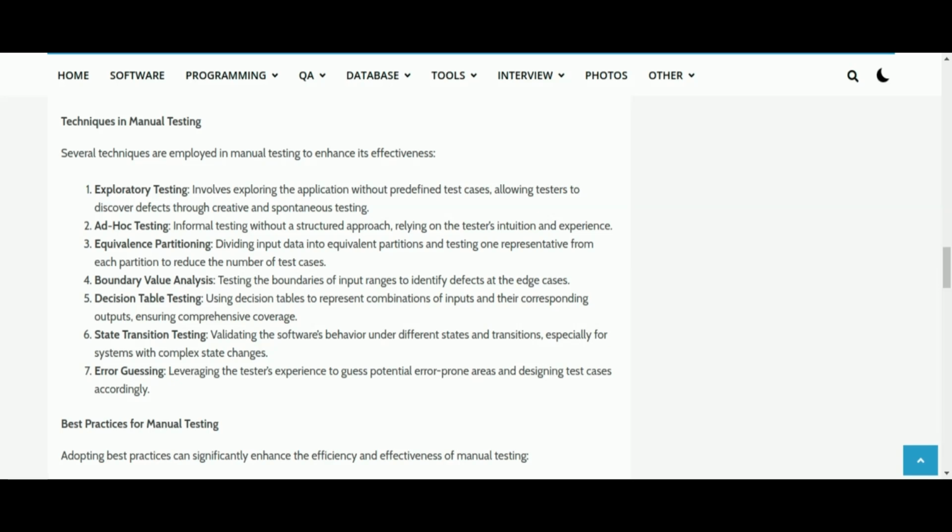Decision table is the tabular format representing complex business logic, and state transition validates software behavior of different states and transitions.